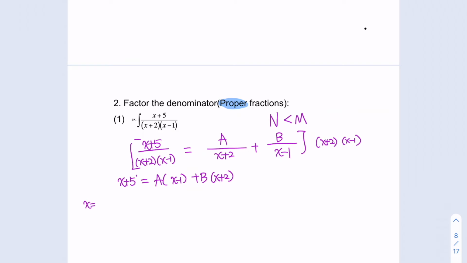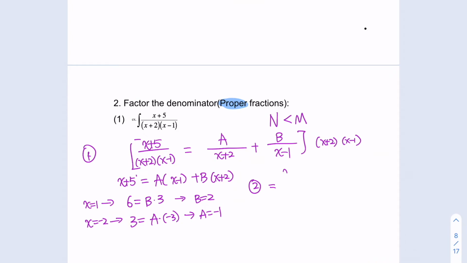So we set x equals 1: 6 equals b times 3, so b equals 2. And x equals negative 2 gives us 3 equals a times negative 3, so a equals negative 1. This is the first step. Second step, the integral will be negative 1 over x plus 2 plus 2 over x minus 1 dx.